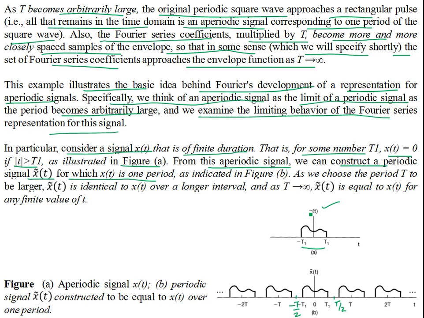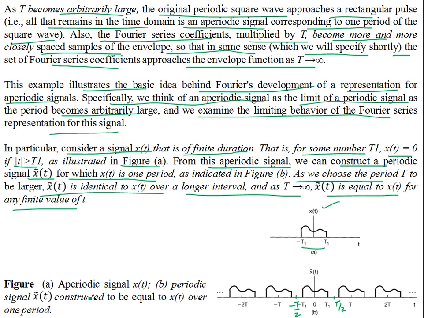Or one period of x tilde(t) is x(t), right? So as we choose the period T to be larger, x tilde(t) is identical to x(t) over a longer interval as T approaches infinity. X tilde(t) is equal to x(t) for any finite value of t. Okay, so these are the same signals if considered for x tilde(t) in one period, or if x tilde(t) is thought to be an infinite periodic signal.